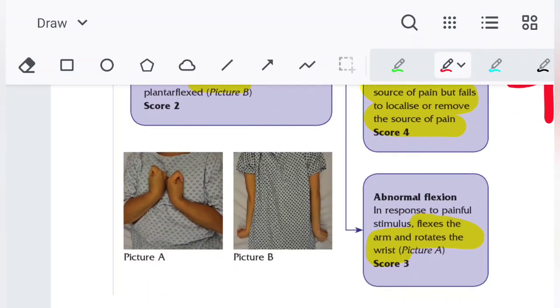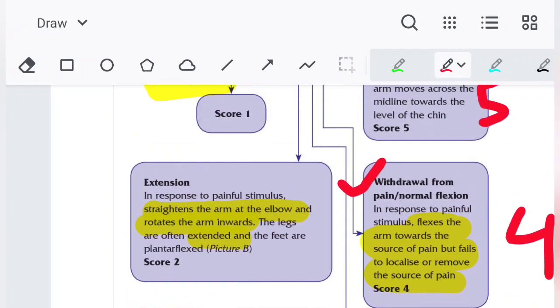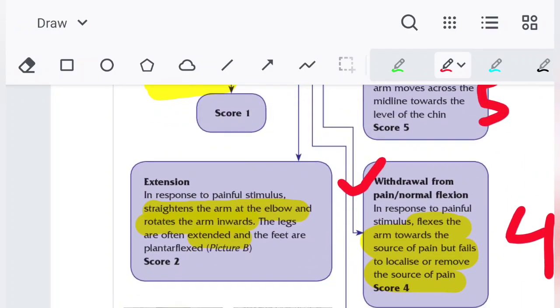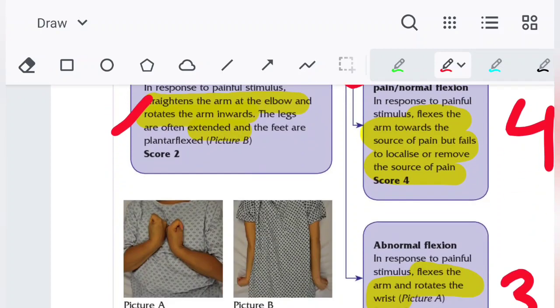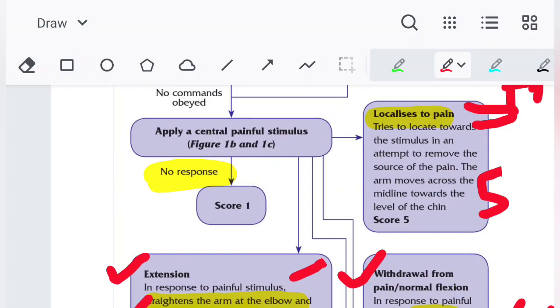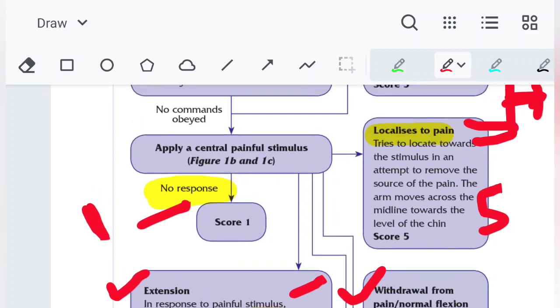Then abnormal flexion, that is the patient flexes the arm and rotates the wrist, so score of 3 is given. Then abnormal extension, that is in painful stimulus the patient straightens the arm at the elbow and rotates the arm inwards, that is extension, score of 2 is given. Then no response, score of 1.